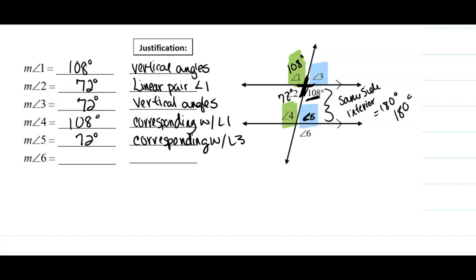And you would do the subtraction as well, and that's where you would get 72 degrees as well. So if we go with angle number 6, angle 6 and angle 4 are vertical angles, and angle 4 is 108 degrees. Therefore, angle 6 is also 108 degrees because they are vertical angles.